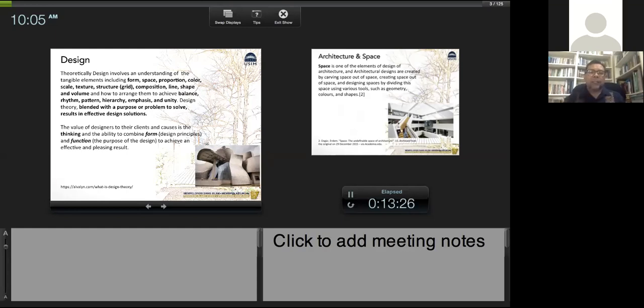Design is in architecture. Design is the core element. You can get the same diploma or the same degree in an architecture-related field.